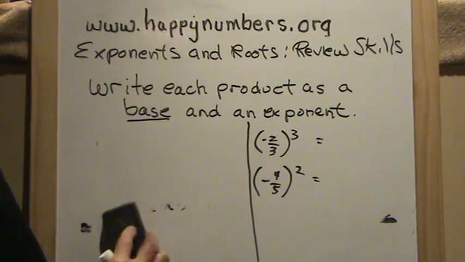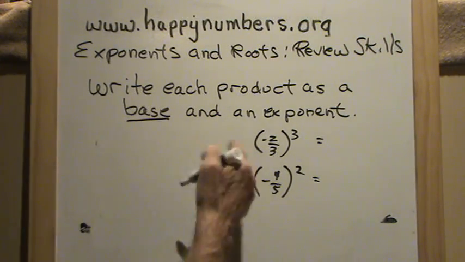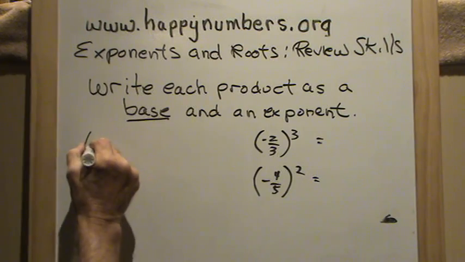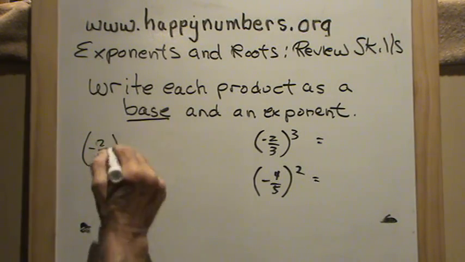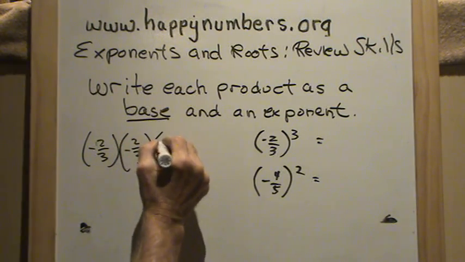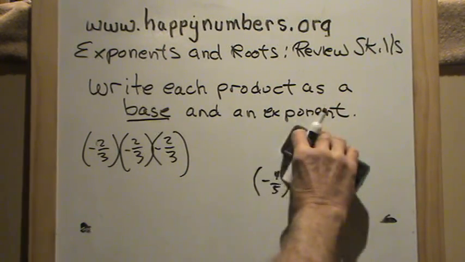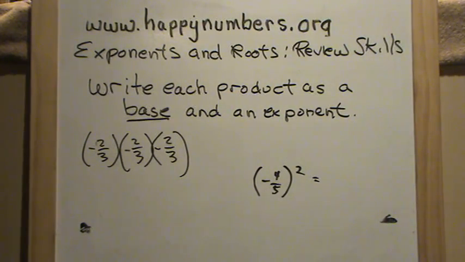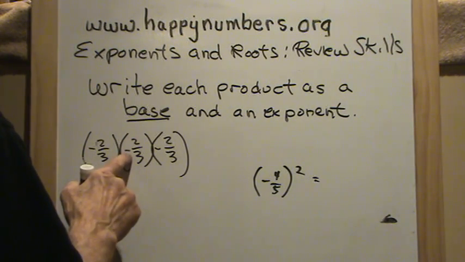Let's move. I'm going to bring this over here. So we have here negative 2/3 to the third power. So that's negative 2/3 times negative 2/3 times negative 2/3. Okay, just let me erase that here. Well, negative times a negative will give me a positive.